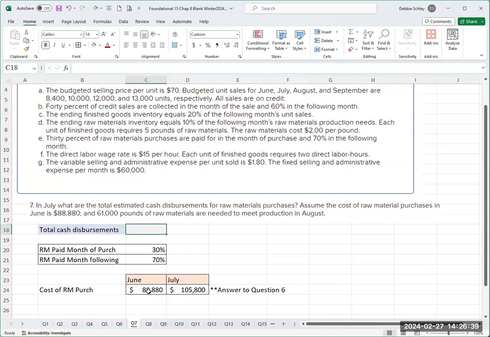So that is going to be the month following for June and the month of for July. So I'm going to go equals, open parentheses, June's cost, which was given, times the month following percent, which is 70%, plus, open parentheses, July that we figured out in question 6, times the month of, that 30%, close parentheses.